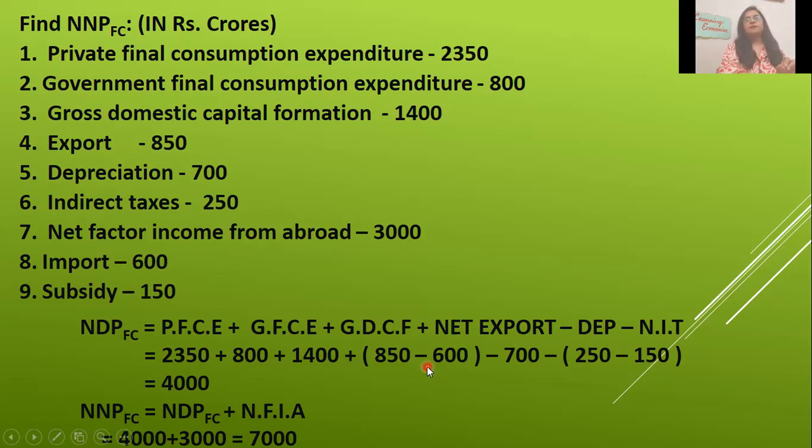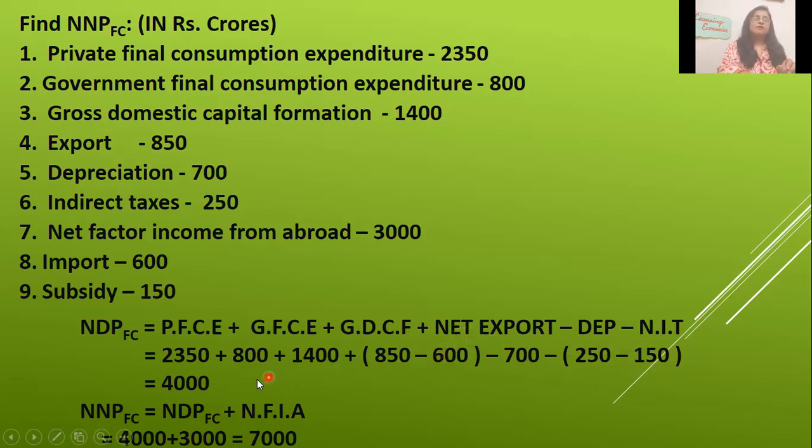Don't miss any calculation, so the examiner can see that I have taken export and import and deducted it. So I have found net export. Then depreciation is there, 700, and then net indirect tax. In the same manner, I have created a bracket, deducted subsidy from indirect taxes, and calculated net indirect tax. This bracket will help the examiner know that you have calculated in this manner.